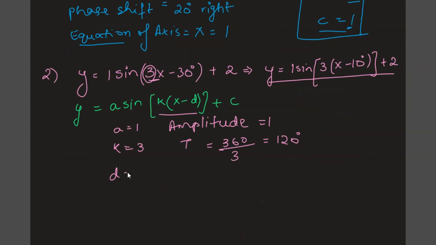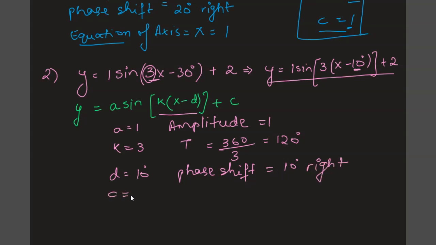I can see my d is 10 degrees. I always match my equation to my parent function, and my parent has a negative sign here. Here also it's a negative sign, so my d is just this value. So d is 10 degrees. No sign means my phase shift is right. So I will write down my phase shift as 10 degrees right.